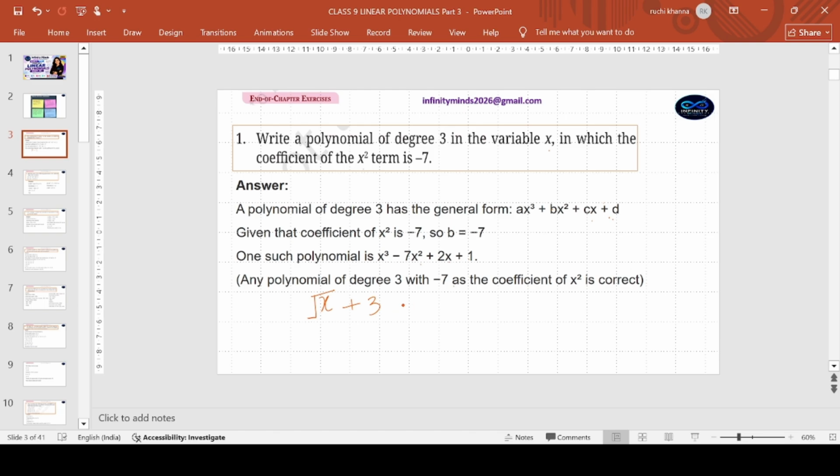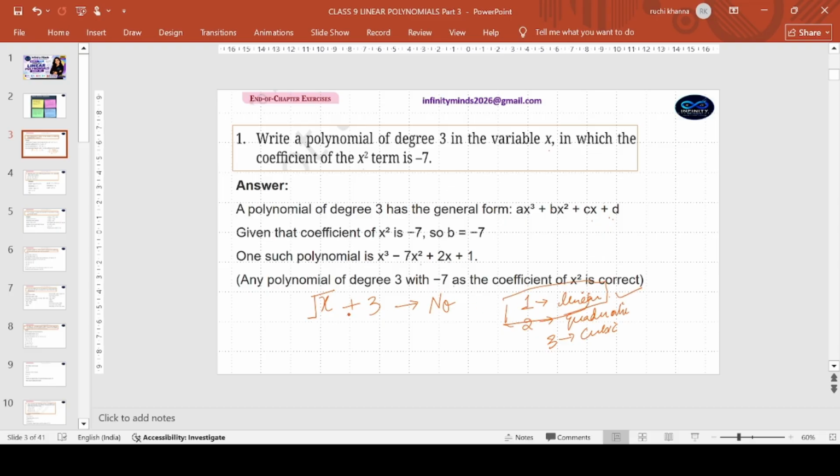Can we call it a polynomial? The answer to this would be no. We've all studied polynomials with degree 1, which is called a linear polynomial. Then we also studied expressions having degree 2, which is quadratic, degree 3 is cubic, and so on. And in this chapter, we shall be concentrating more on linear.